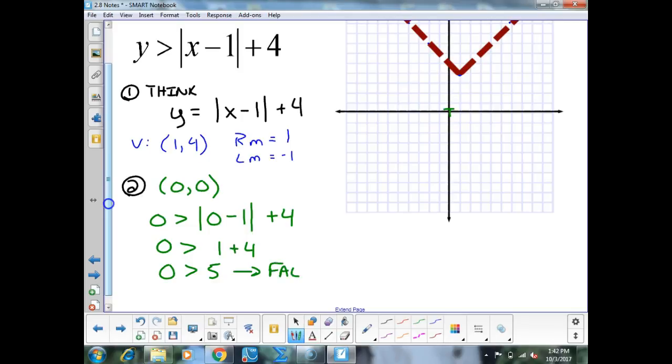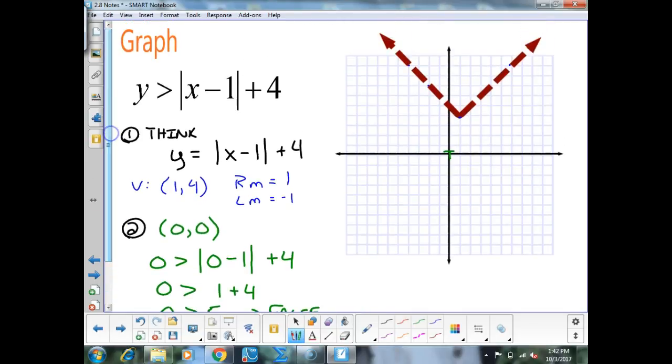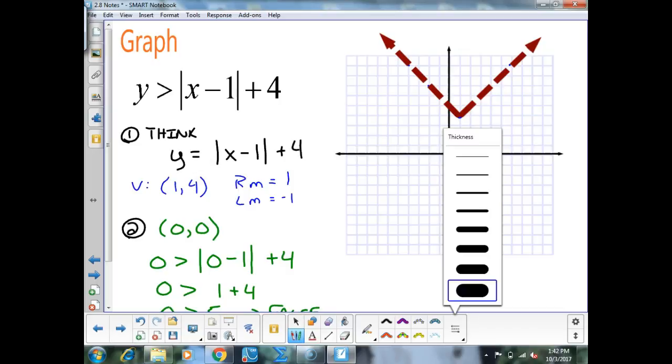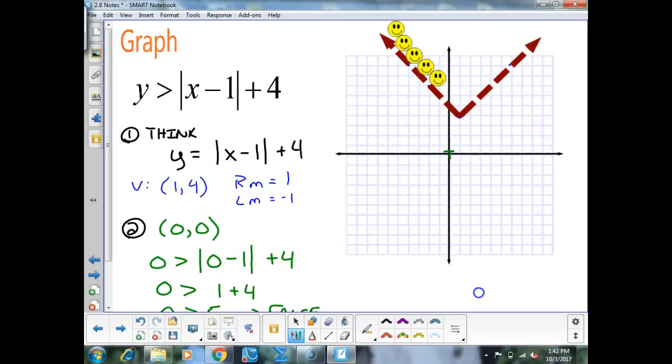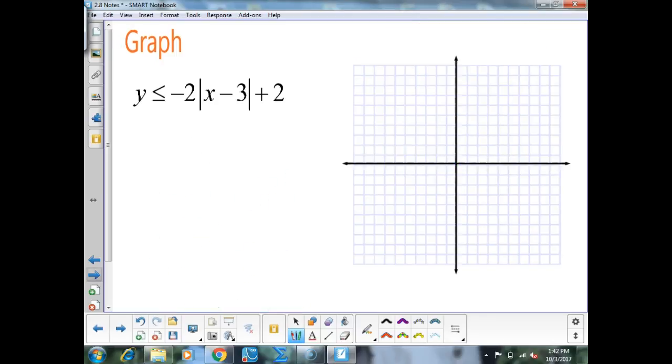So instead of shading outside, I shade inside. Okay? Try that one.